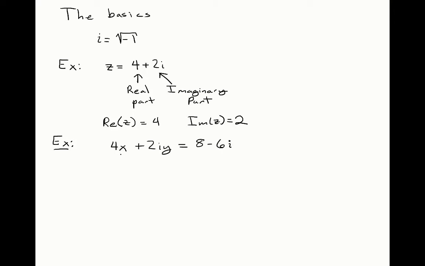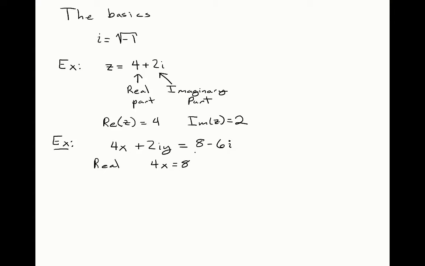So here we have one equation and 2 unknowns, x and y. And normally that's not going to work out, but because this is a complex equation, it's really two equations and two unknowns because we have a real part of the equation. So the real part is 4x equals 8.